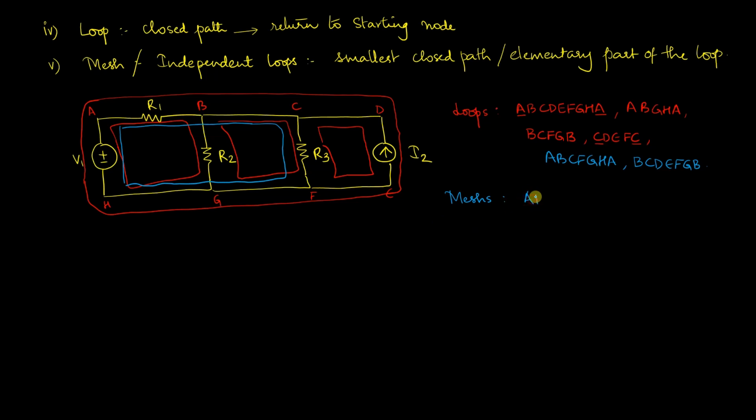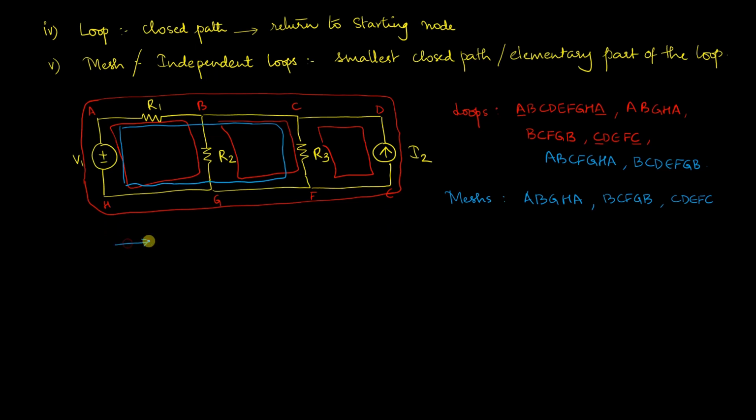So let us list them. So those are the independent loops that are not containing any other loops.